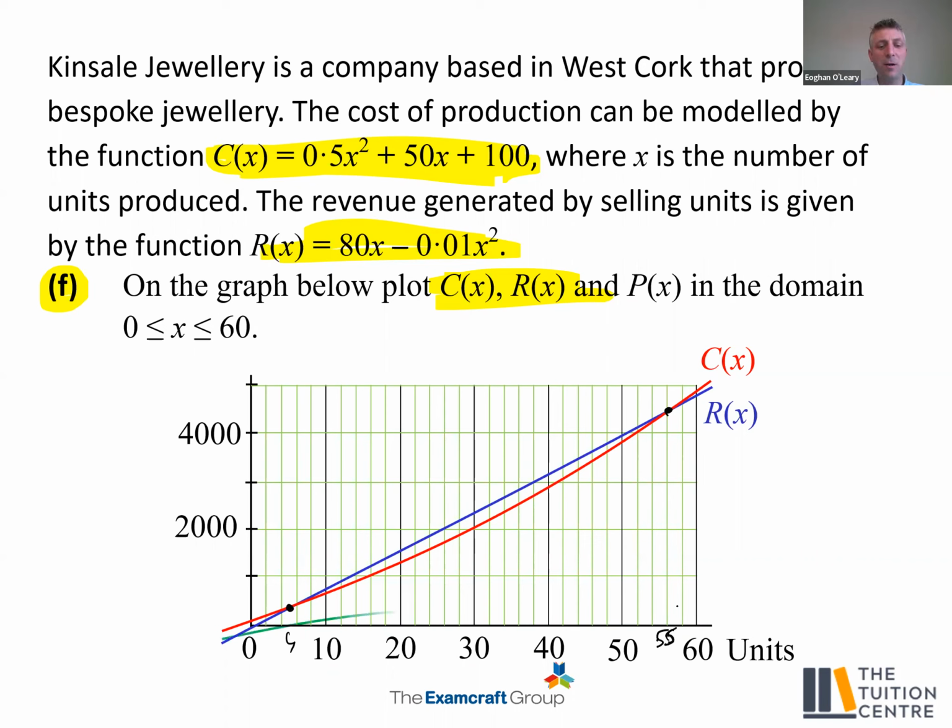And we can then model our profit, and when we got our maximum profit, we could say the maximum profit would occur where the gap between cost and revenue was widest, and that was 10 marks.